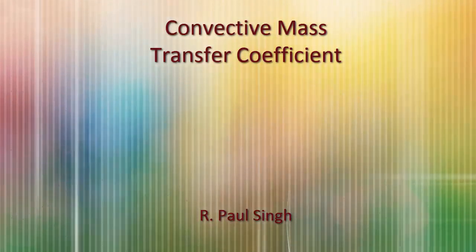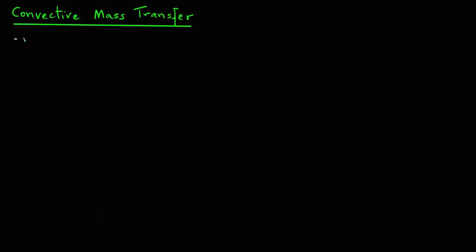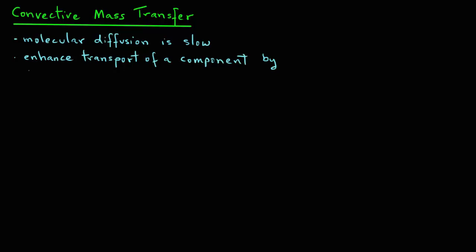Let's consider convective mass transfer. Note that in the previous modules on diffusion, we have noted that molecular diffusion is quite slow. So to enhance transport of a component, we can use convection.